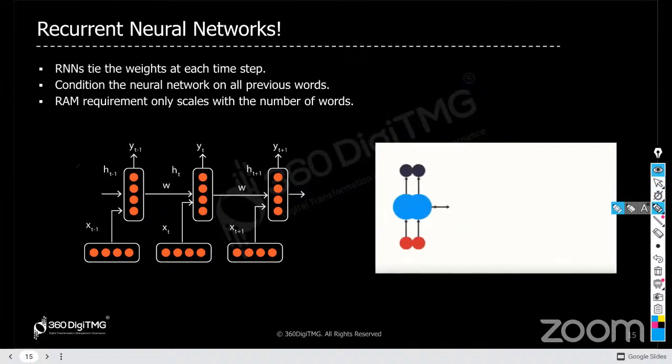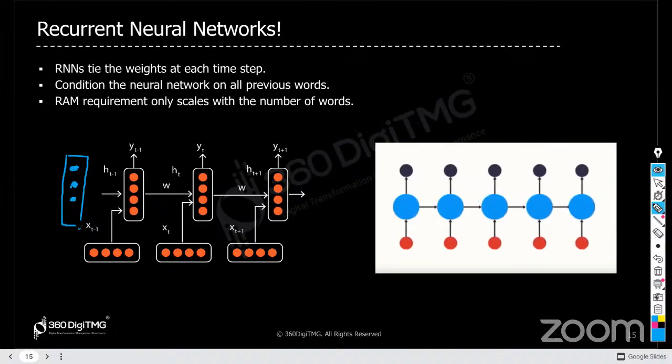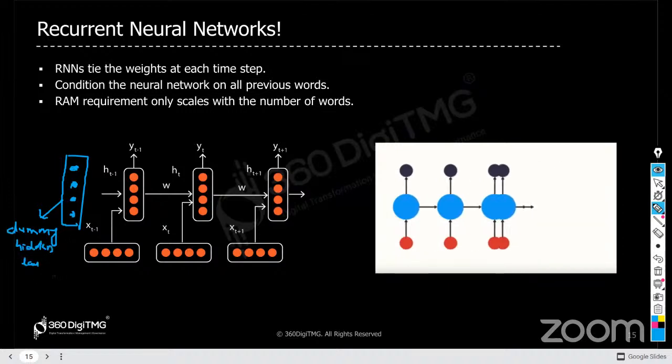Imagine you have a hidden layer here with 4 neurons. I am calling this a dummy hidden layer, just to have some symmetry. Why is this dummy? Because I've added all zeros.